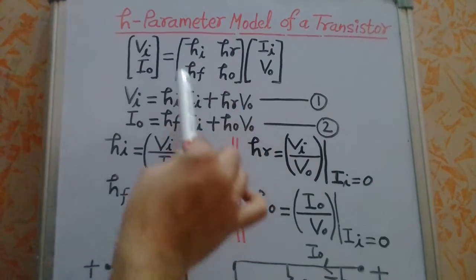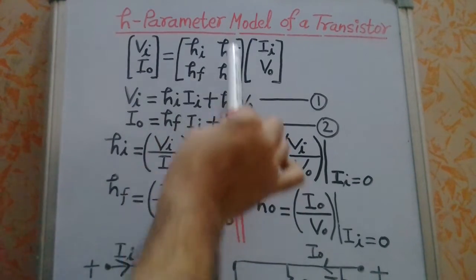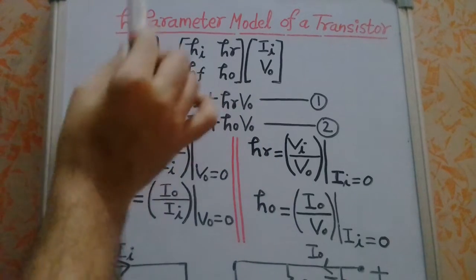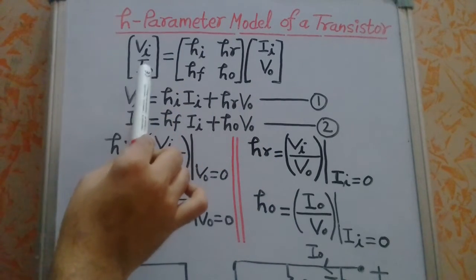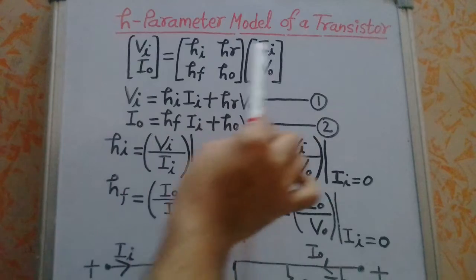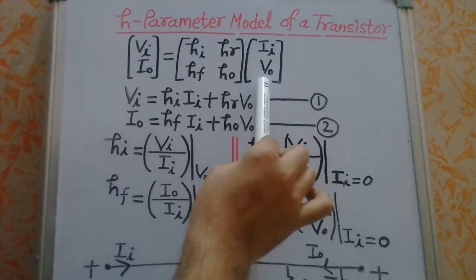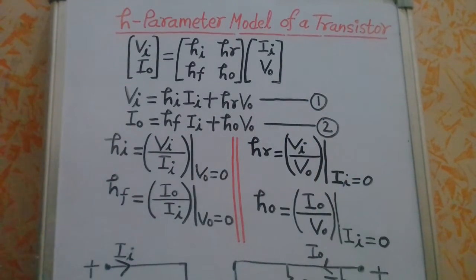So all these h parameters basically relate the input voltage and output current with the input current and the output voltage. That is the general matrix of the h parameter model. It's a mixture of various quantities that we will calculate one by one.